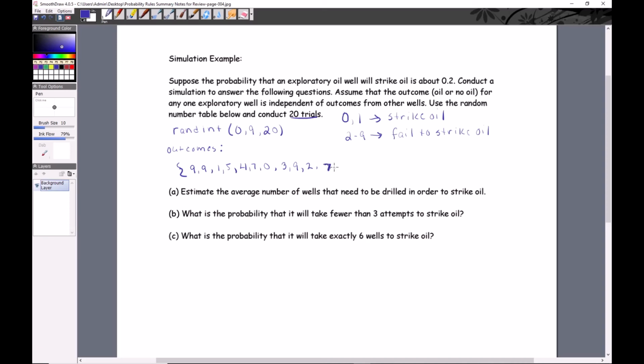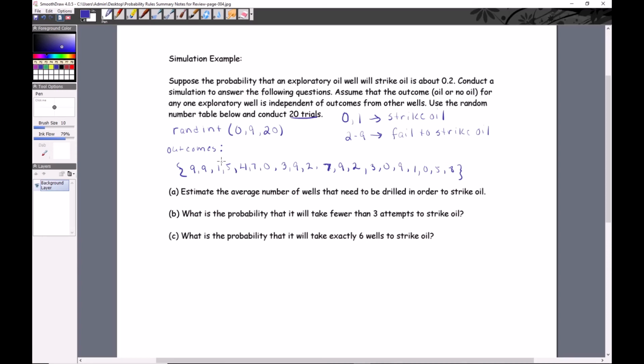I'm not even going to correct that. 7, 9, and 2. One of these days I'll figure out why it's doing that. 3, 0, 9. 1, 0, 5, 8. So there are my 20 attempts.